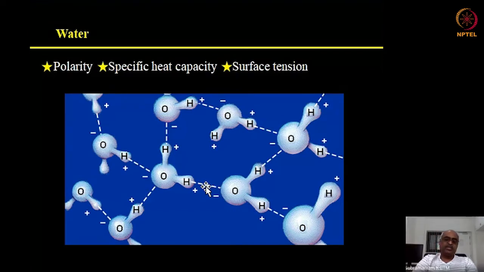To raise the temperature of 1 liter of water by 1 degree Celsius will be water's specific heat capacity. And that is higher compared to other solvents. The reason is that much of the heat energy that you provide goes into breaking these bonds. Okay. So therefore water can take up a lot of heat without significantly increasing the temperature.